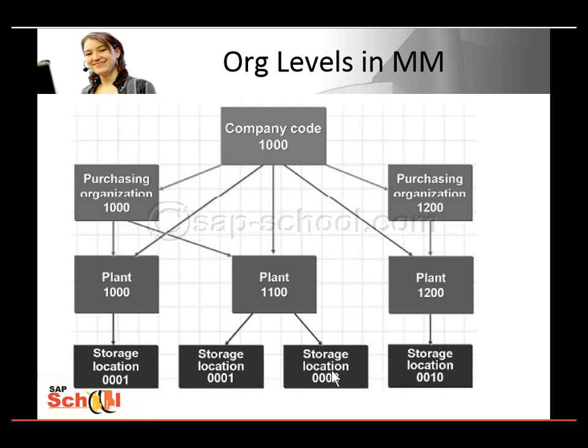The storage location in the plant is the level at which materials of a plant are physically managed. Also, the physical inventory takes place at storage location level. The storage location key has to be unique within a plant. So for example, you can see here that the key 0001 is repeated, but within a plant you cannot have more than one 0001 storage location key.